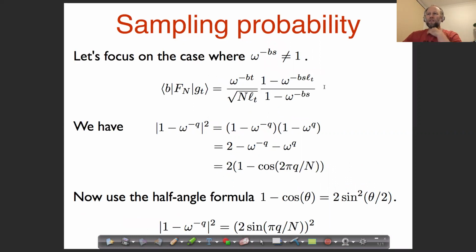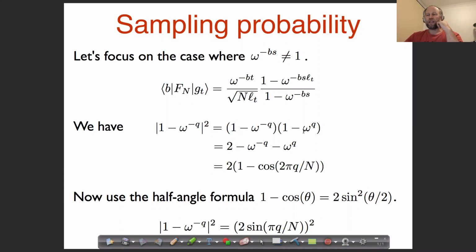This is what we computed on the last slide, and we want to compute the magnitude squared. You see that both in the numerator and the denominator, we have terms of the form 1 minus omega to the minus q for some number q. So let's just, in general, compute the magnitude squared of that. It's going to be that times its conjugate.